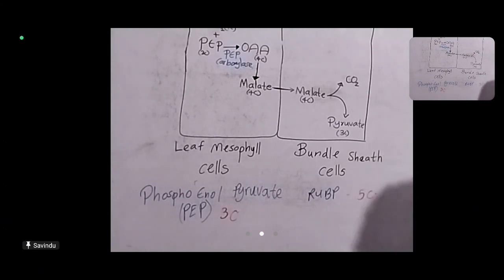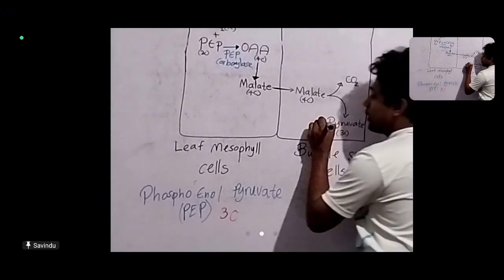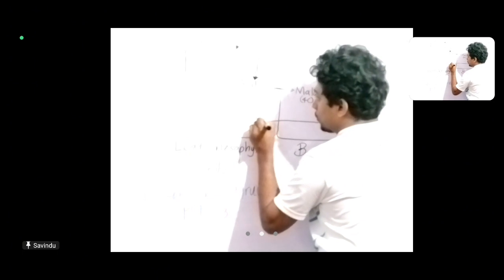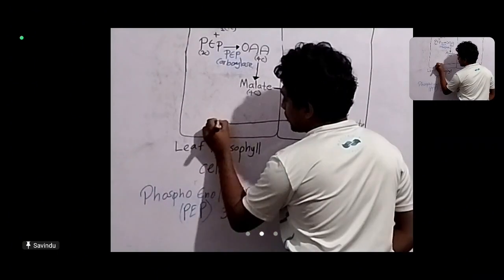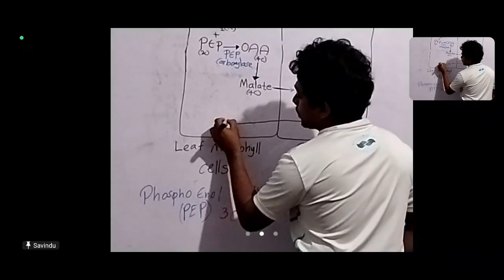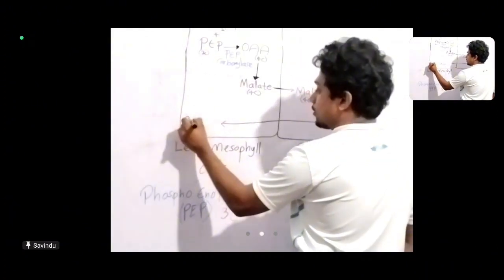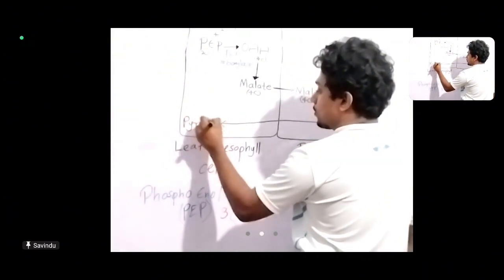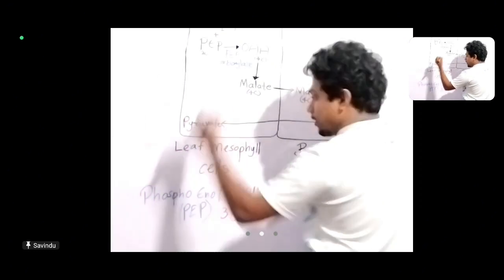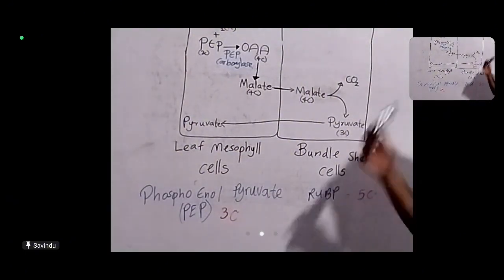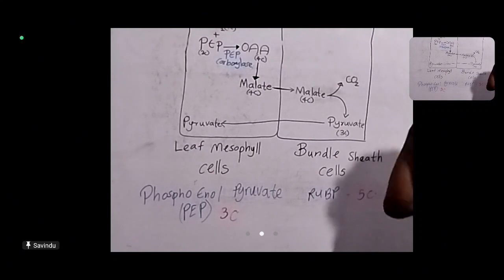Pyruvate is transferred again to the leaf mesophyll cells.